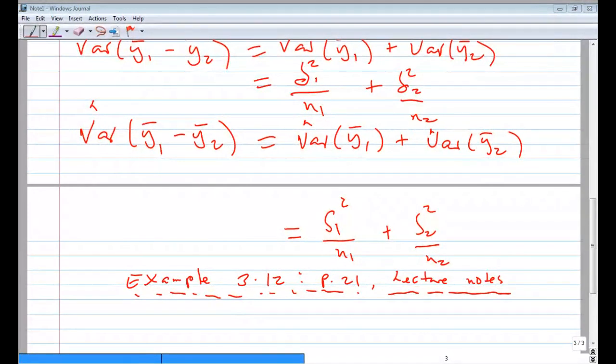Just giving you a minute to read that example. Then after that, we are going to try to solve it.